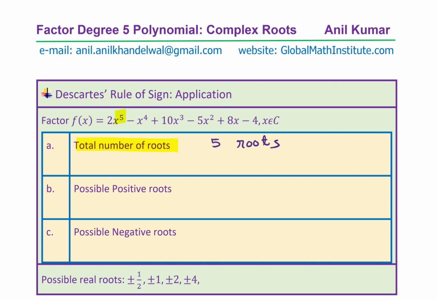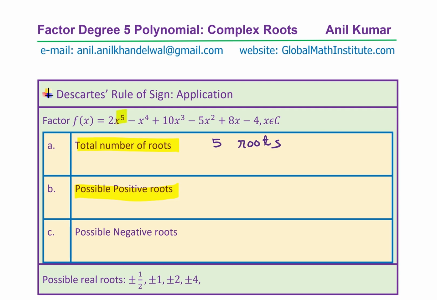Now, out of these, what are the possible number of positive roots? How do we figure that out? Well, we said that we'll count the change in sign for the consecutive terms. Now, there is one change in sign here when you go from the degree 5 to the degree 4 term, correct? Then there's another change in sign. So 1, 2, 3, 4, and 5.